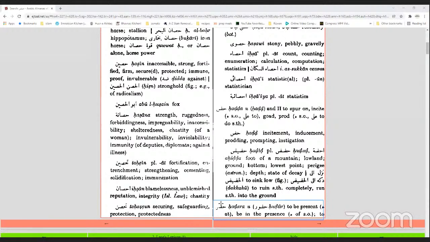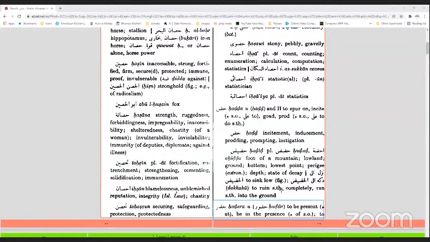When you see this word Hadara in this dictionary, you'll find some kind of a letter here, U. Sometimes this is coming as U, sometimes A is written, sometimes I is written. Sometimes U, A, I. Now, this is a very important letter. Why? I will tell you why.